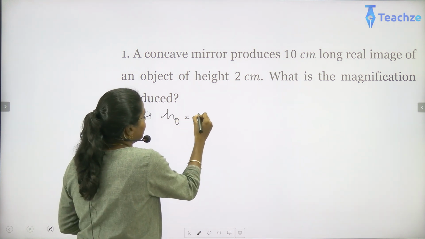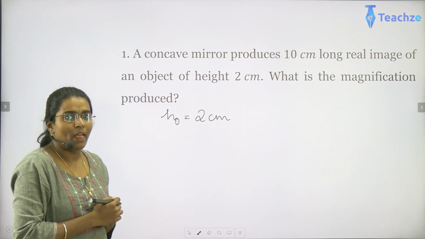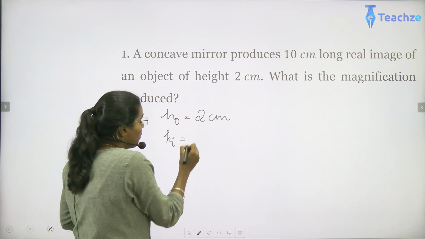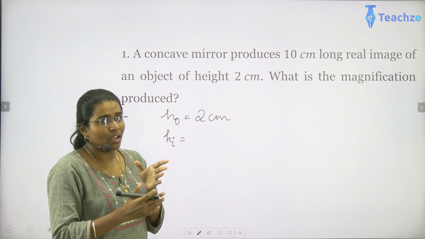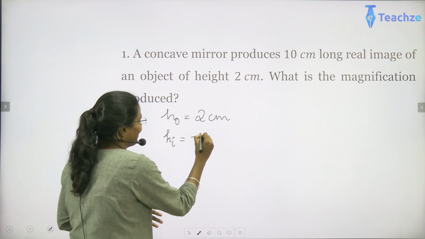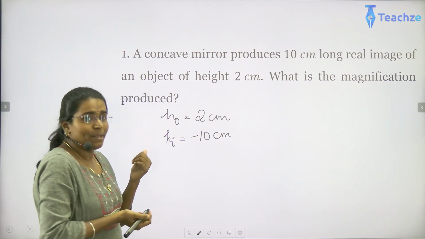Your object height is always positive, 2 centimeter. And your image height is also given, hi, but this is a real image, so will the image height be positive or negative? Yes, it is negative. So it is 10 centimeter. We have to find out the magnification.